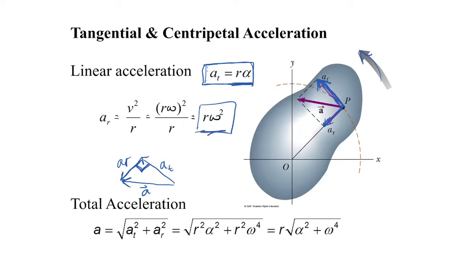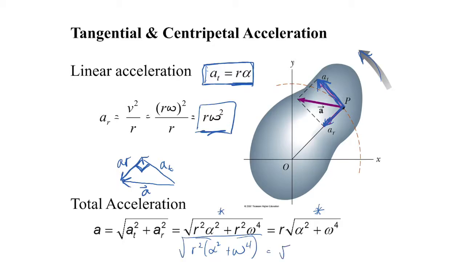We have our r omega squared for our rotational acceleration. If we look at that, we have r squared alpha squared plus r squared omega to the power of 4. Just so you know, if you don't know how they're skipping from this step to this step, well, that's the same as r squared times alpha squared plus omega to the power of 4, square root all that.